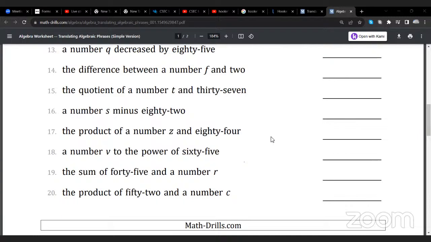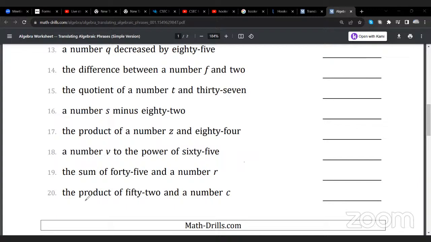All right. What does the word product mean? It means 52 multiplied by C. Good. So you do understand the meaning of it.